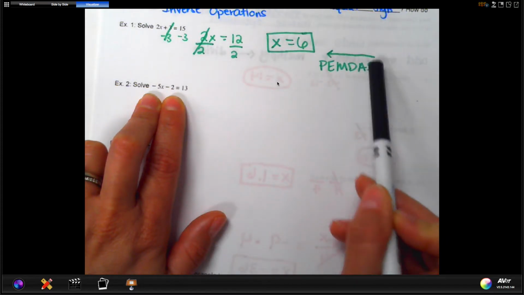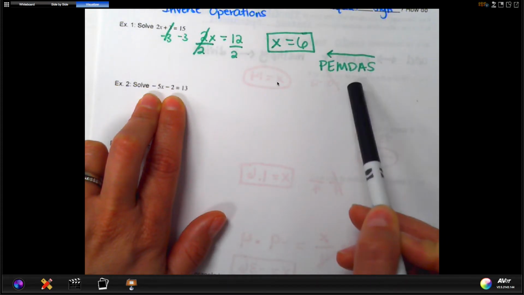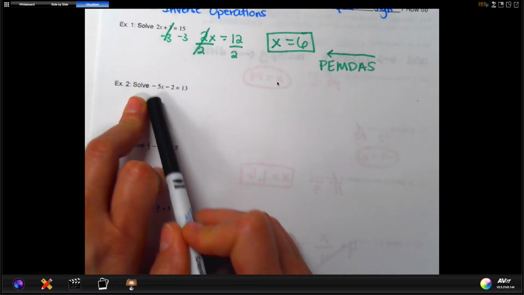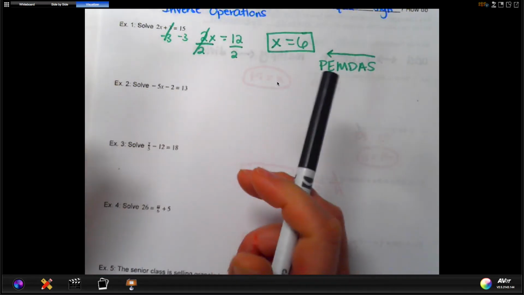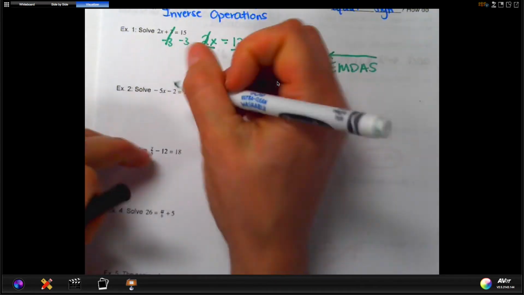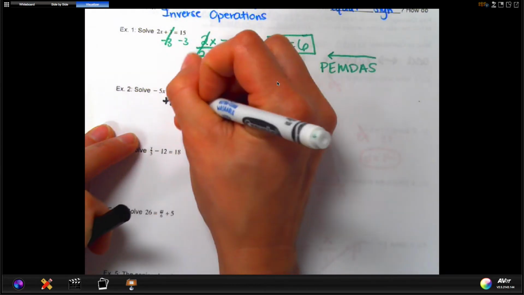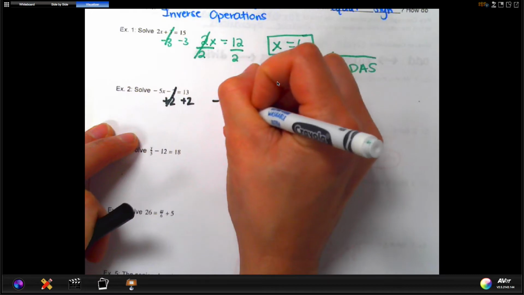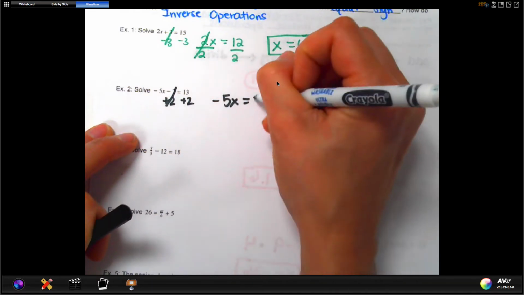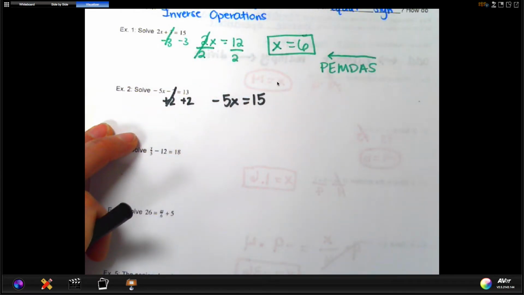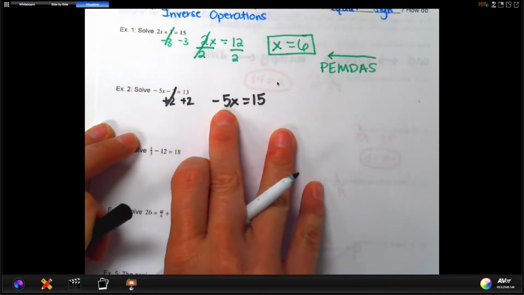Well, there's an add and subtract. We're going backwards. That's getting out first. Also notice that's furthest away from your danger, from your x. So we're going to start by adding 2 here and adding 2 here. So that gives me negative 5x equals positive 15.